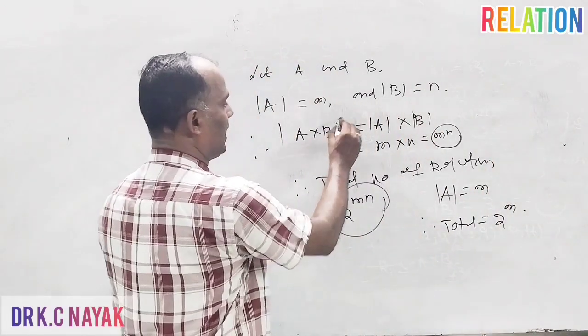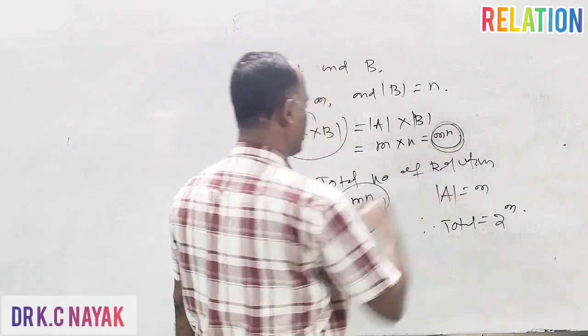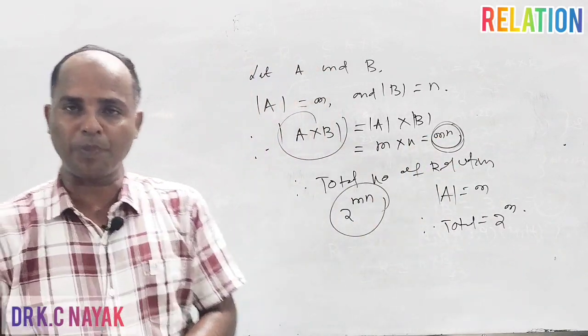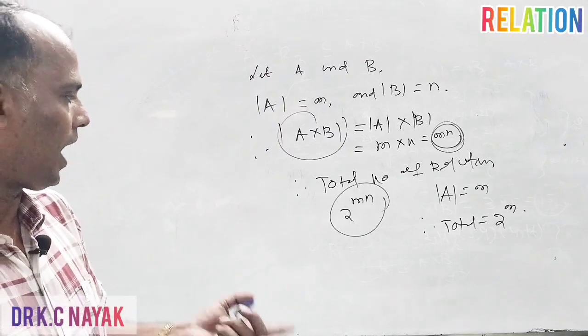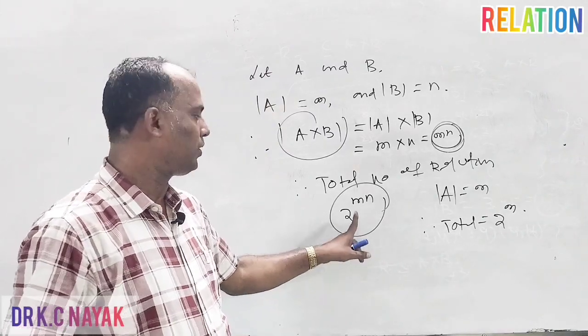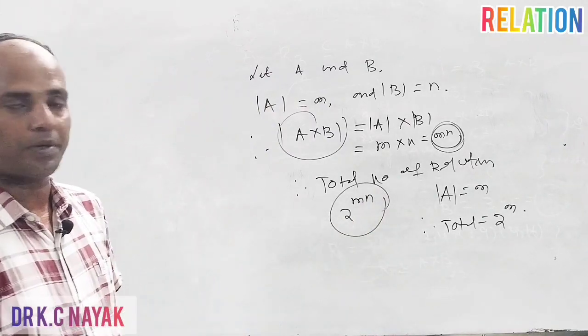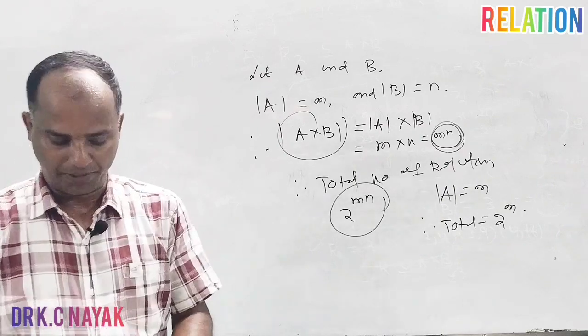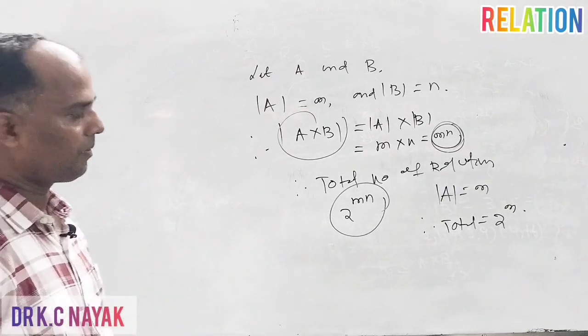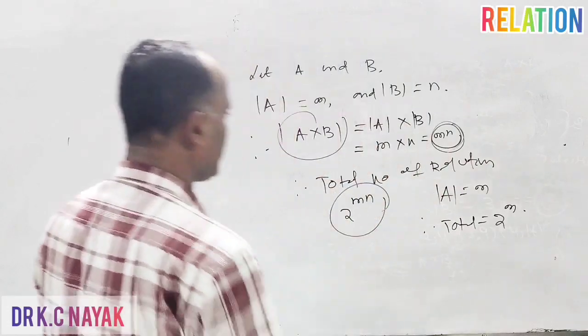If A cross B has mn number of elements, then any subset of A cross B, which is a relation, by the same rule gives 2 to the power mn as the total number of relations from A to B. The total number of relations from A to B is equal to 2 to the power mn.